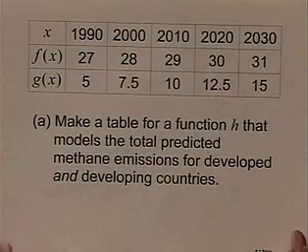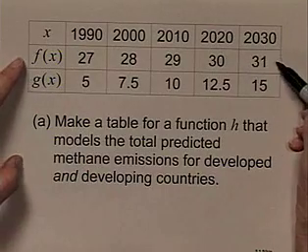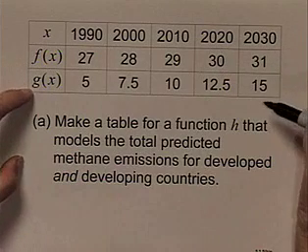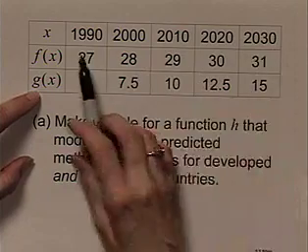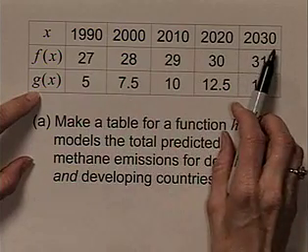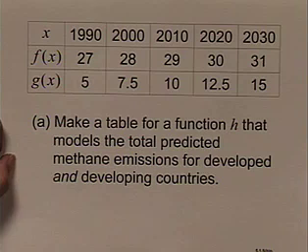Here's our table. Now remember, F is the amount of emissions for developed countries and G of x for developing countries. X is the years. Now, the first thing we want to do is to make a table for a function h that models the total predicted methane emissions for developed and developing countries.